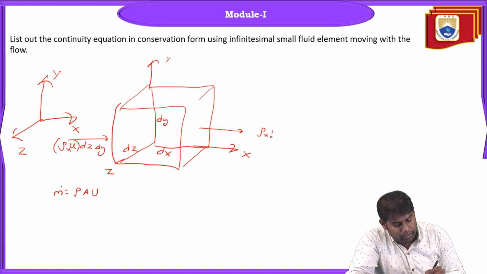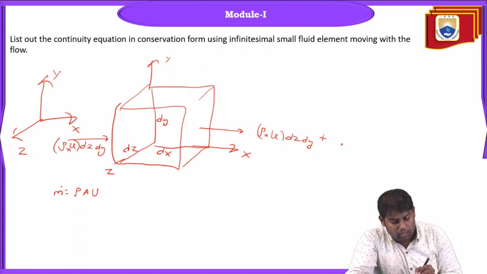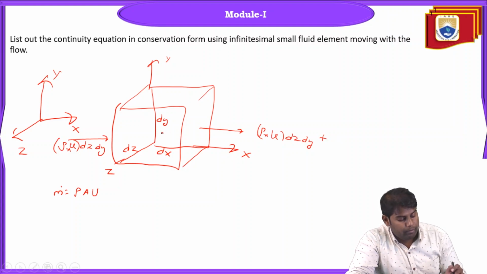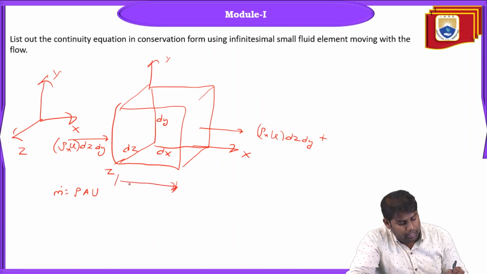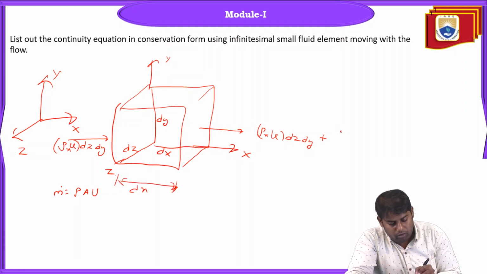Similarly, rho u into dz dy plus the extra, since this element covers the distance dx, therefore dou rho u by dou x into dx dz dy. So this is what we have.